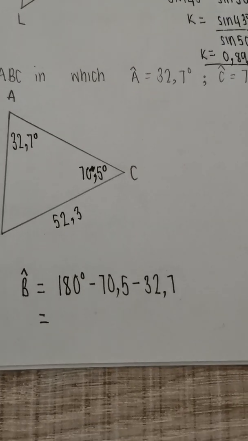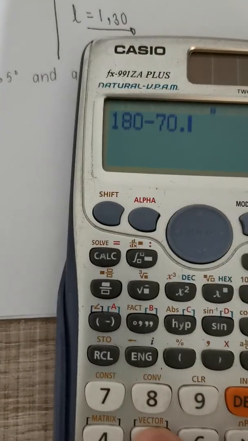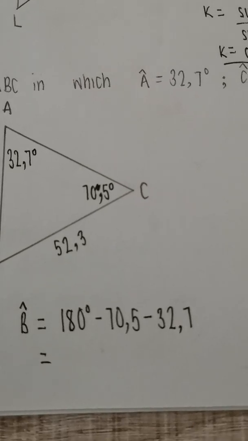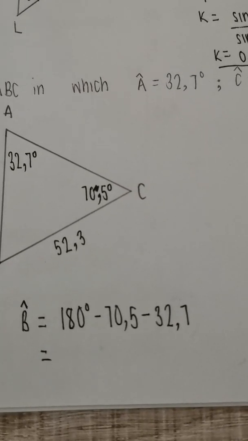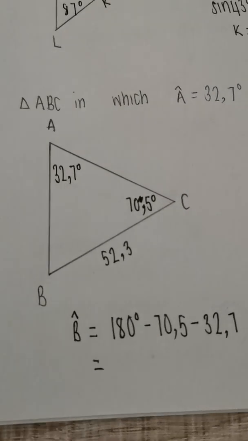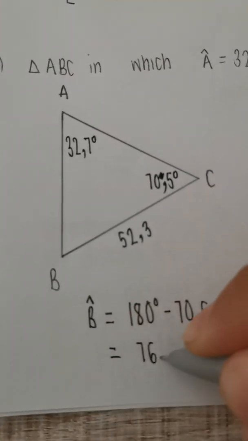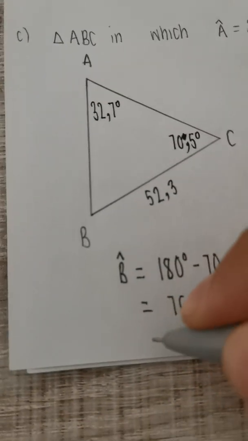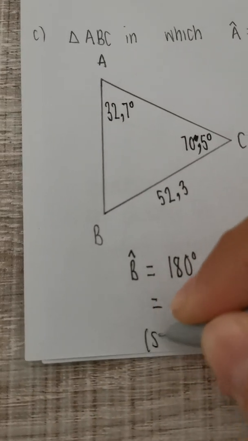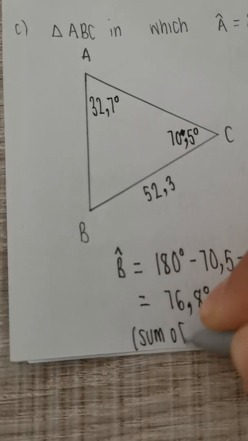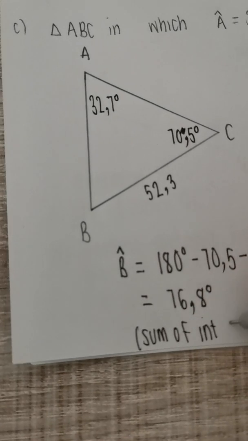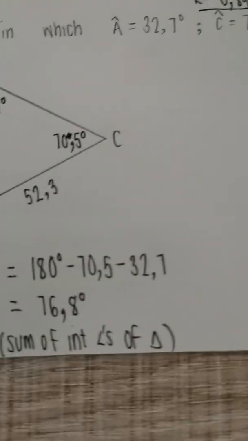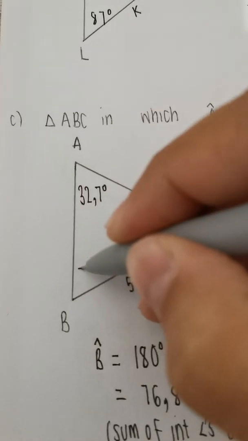Typing it in on the calculator. I am pretty sure you all know how to type this in on the calculator. Just because I don't have space on this side, I'm just writing my reason underneath. Okay, putting it in.